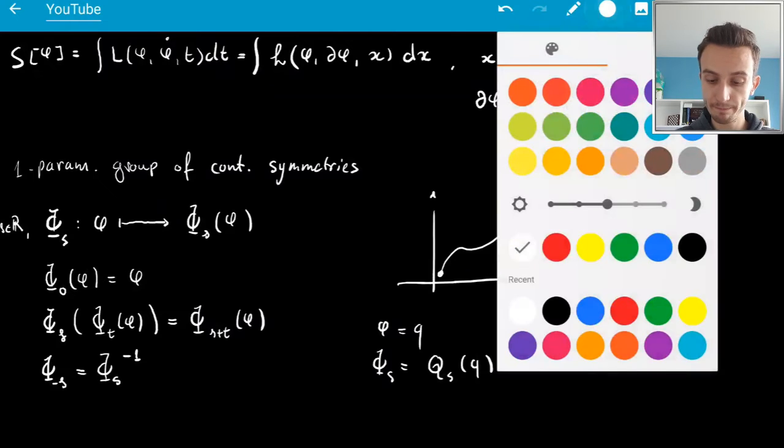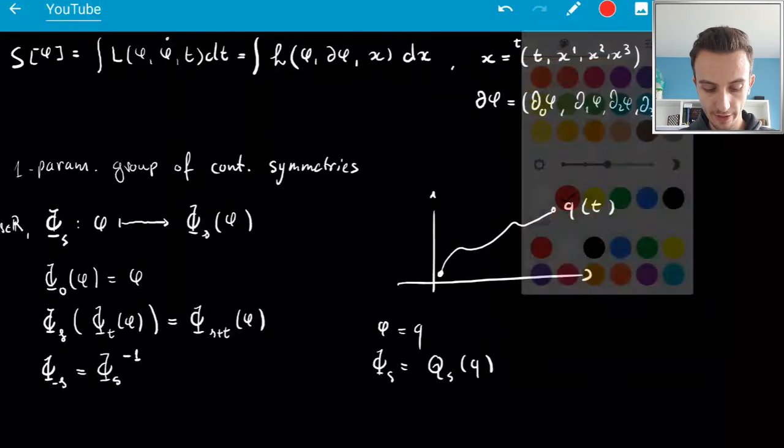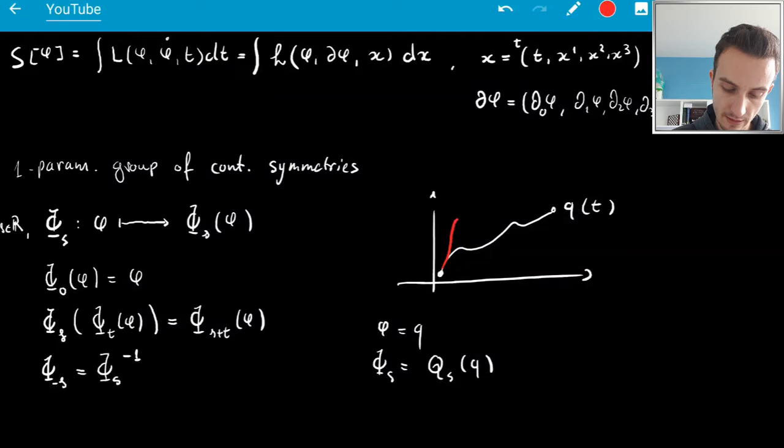That's a trajectory. And then a trajectory phi of s might be something like that. Phi of s. It's continuous with s would mean that maybe like phi of s plus delta s, like a small increment, would be like that.